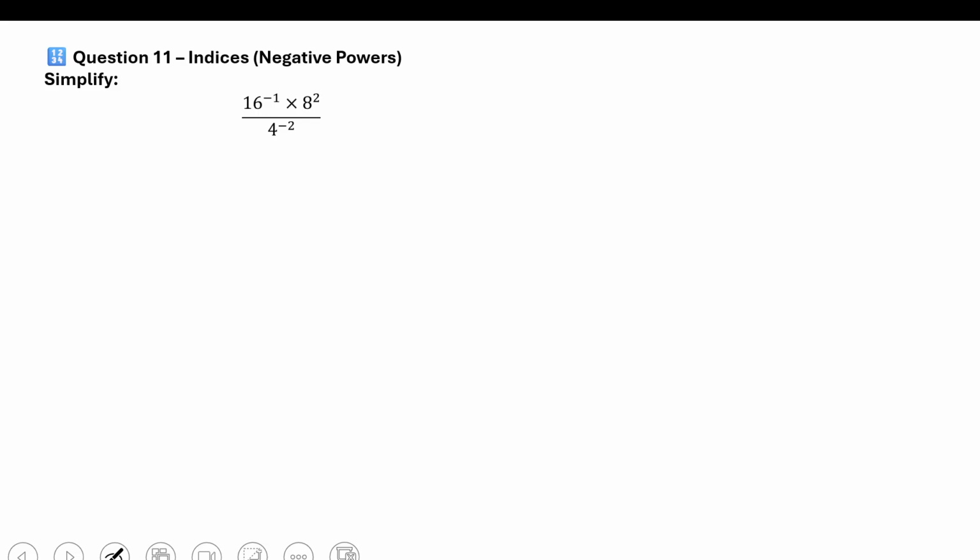If I have 16 raised to the power minus 1 times 8 raised to the power 2 all over 4 raised to the power minus 2. By the way, this expression can be written as 1 over 16 times 8 squared, which is 64, all over 1 over 16 again, right? This is just to let you know.